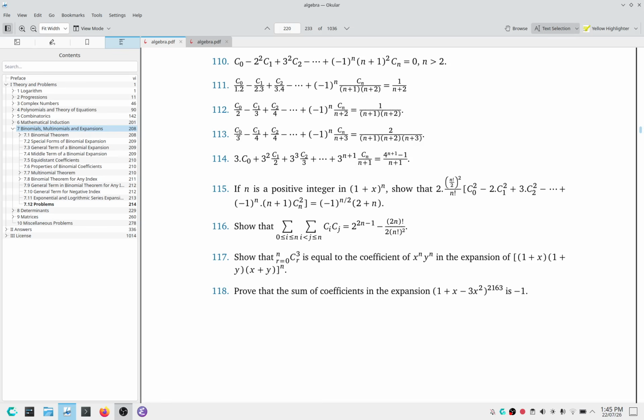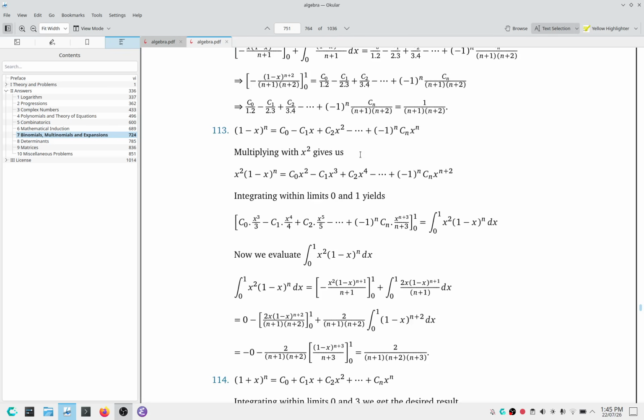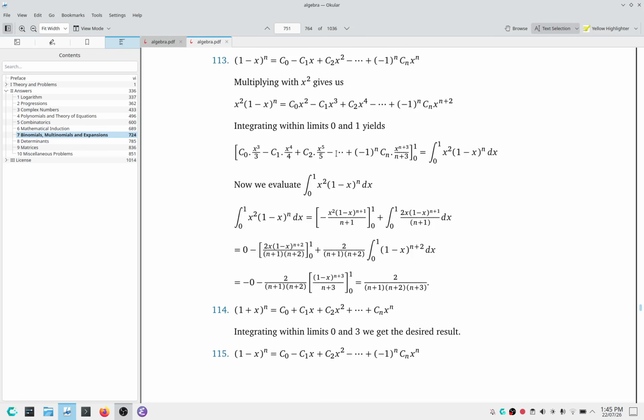Question 113 says that we have to prove that the equation is C0 upon 3 minus C1 upon 4 plus C2 upon 5, and so on up to minus 1 to the power n Cn upon n plus 3 is equal to 2 upon n plus 1 times n plus 2 times n plus 3. So similar question, we write 1 minus x to the power n multiplied by x square and then we integrate.